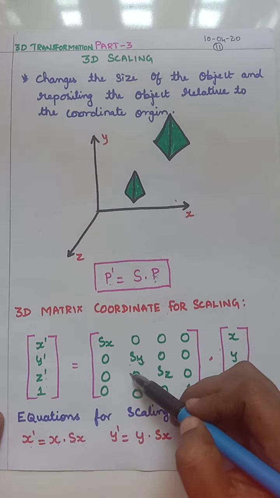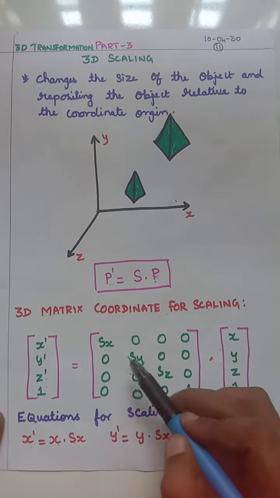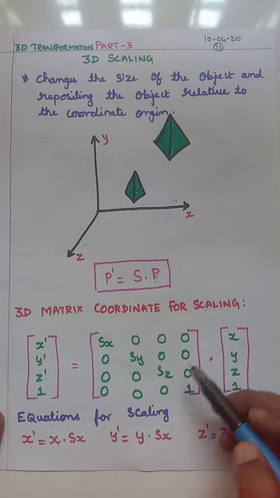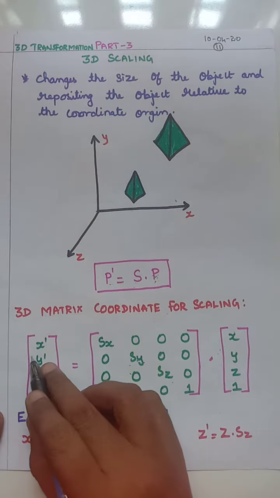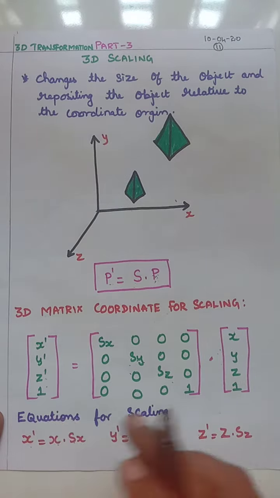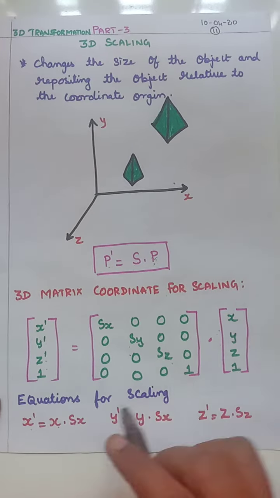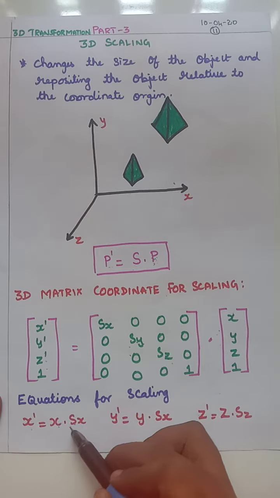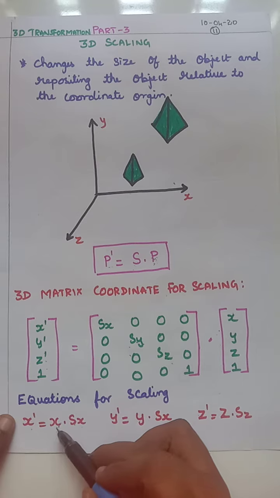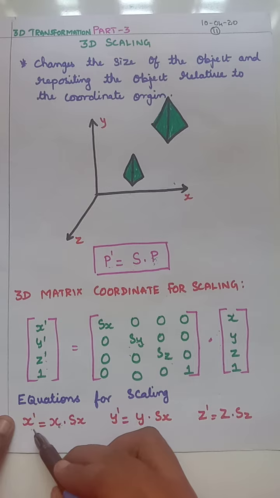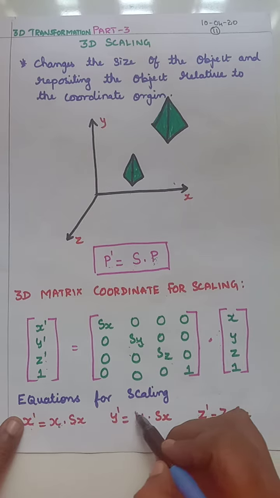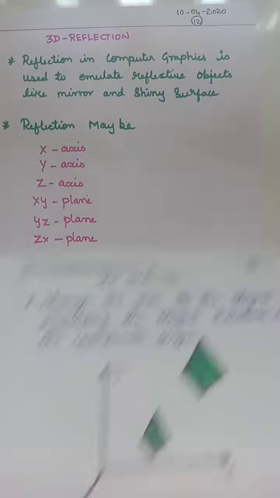That is, scaling operation here is represented as scaling on x-axis, scaling on y-axis, scaling on z-axis, on the original coordinate values x, y and z of an object. So what happens? A new value will be obtained, say x dash, y dash and z dash. The equation is represented as x dash is equal to x dot sx. That is performing scaling on the x-axis on the original old position of the object along the x-axis. So you will be getting new x dash. Similarly for y dash and z dash.